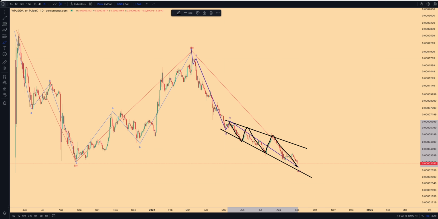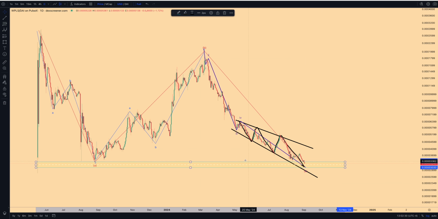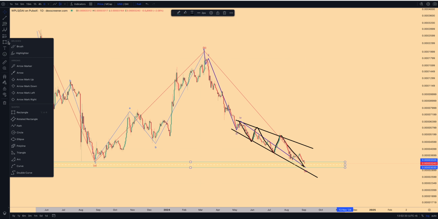Okay, so it looks like the ecosystem is about to bottom over here, while the sentiment is down in the dirt. And usually that's when bottoms come into play, right? When the sentiment is really bad, right? Remember the sentiment over here?